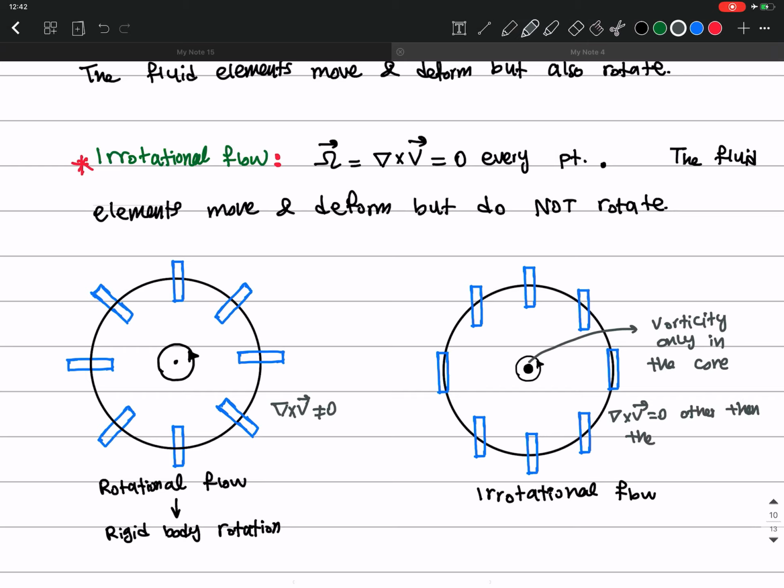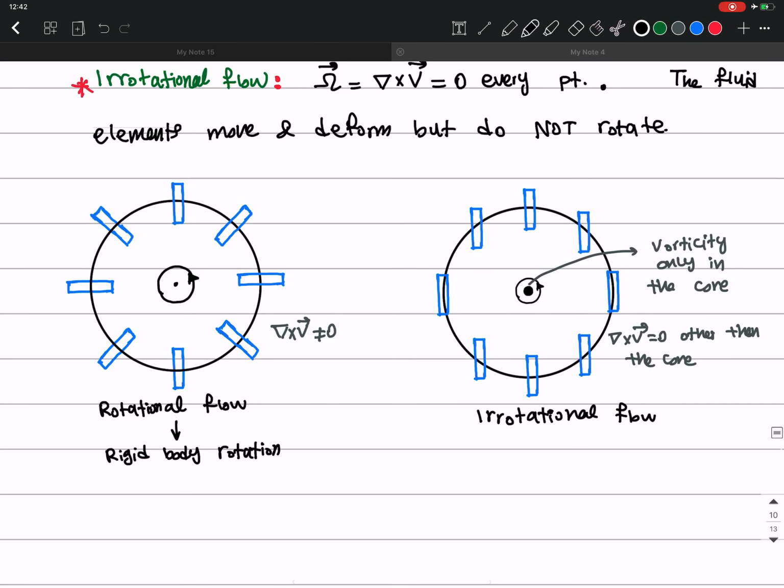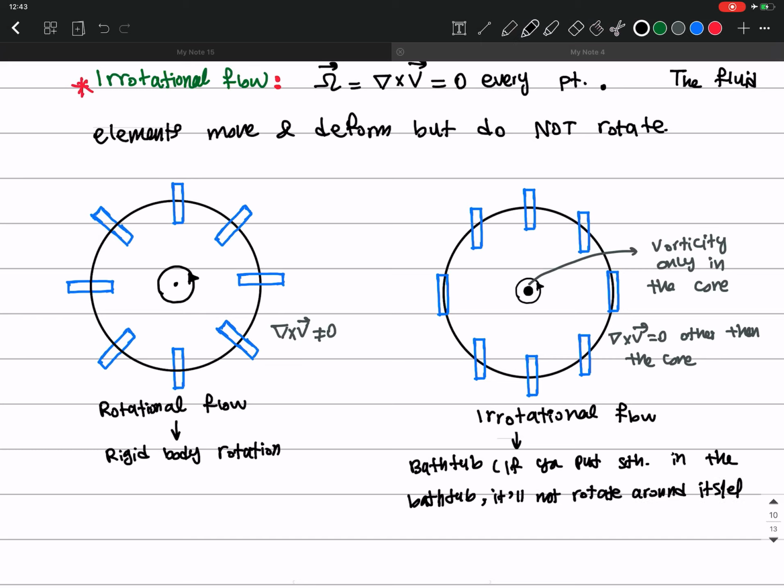So what is this like? This is actually like a bathtub. If you put something in the bathtub, it will not rotate around itself, and you will just see something like this.